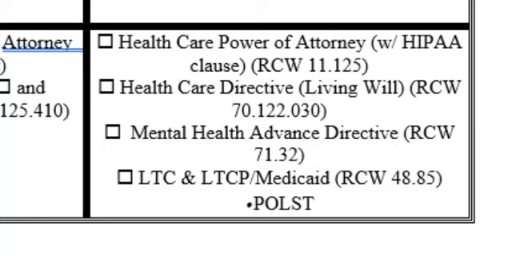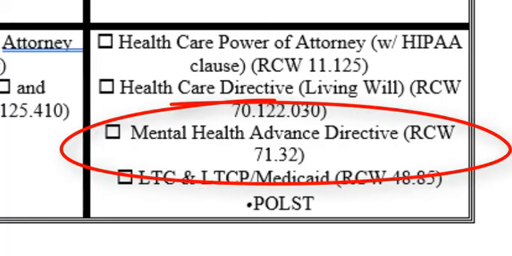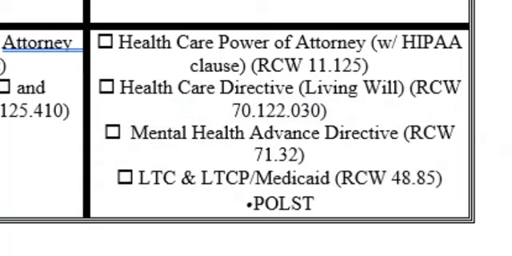Then we move to the mental health advance directive. This is a special type of actually power of attorney and advance directive. It actually has more influence as a power of attorney, but the statute called it a mental health advance directive. What is it? It's for the mental illnesses that cycle.